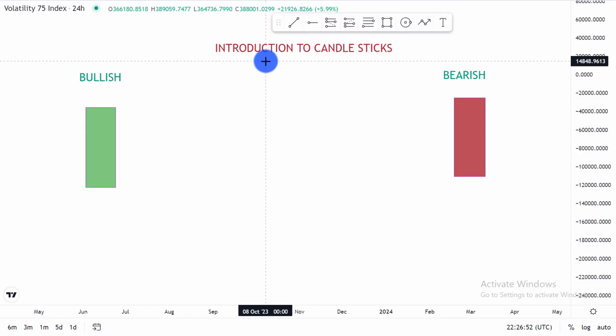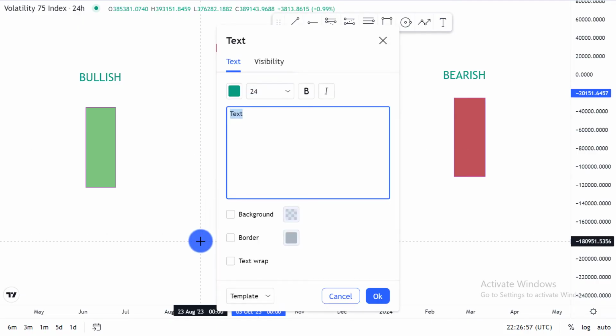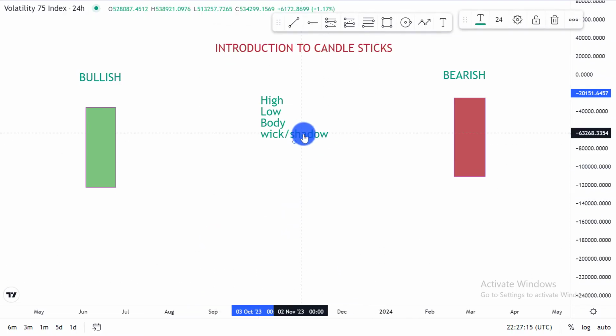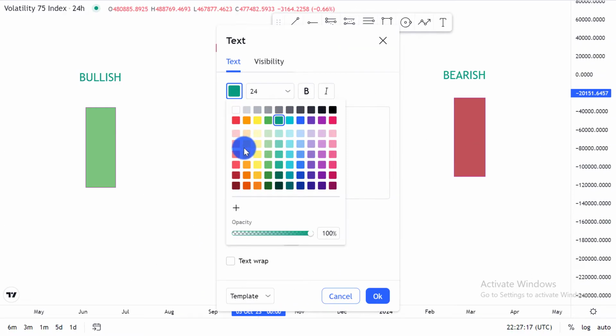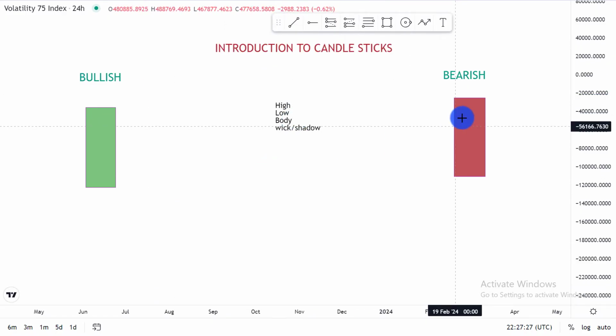An ideal candle will have a high, a low, a body, and a wick or shadow. Both candles, whether bullish or bearish, will have these things, because this is what makes the candles common.